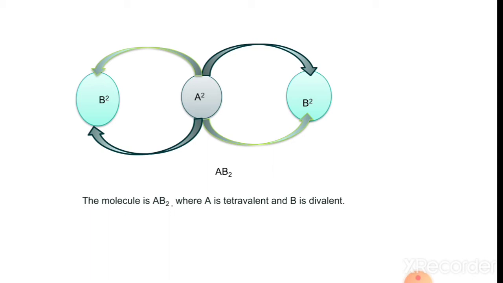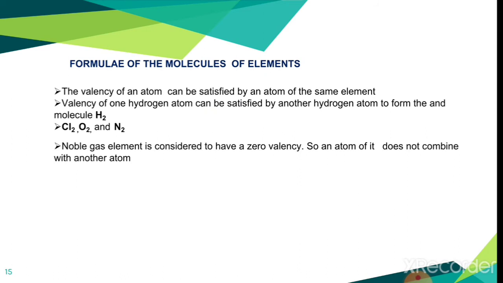Next, the formula of the molecule of elements. Here the valency of one hydrogen can be satisfied by another hydrogen atom to form the molecule H2.